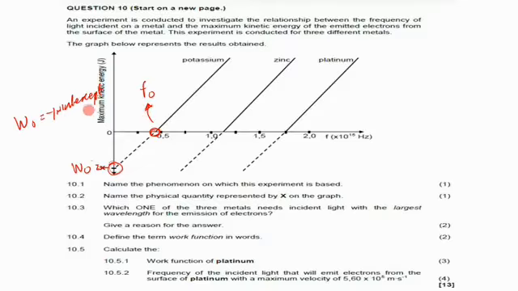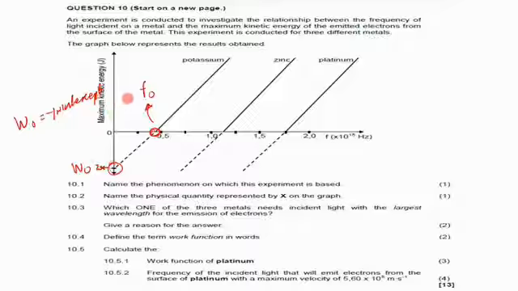So the y-intercept is the work function and the x-intercept is your threshold frequency. But note, sometimes they can inverse the graph. By that, I'm saying they can sometimes put maximum kinetic energy here, and they decide to put frequency up there. So that is also possible.